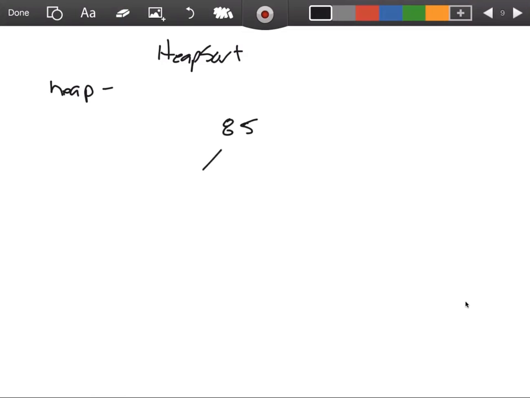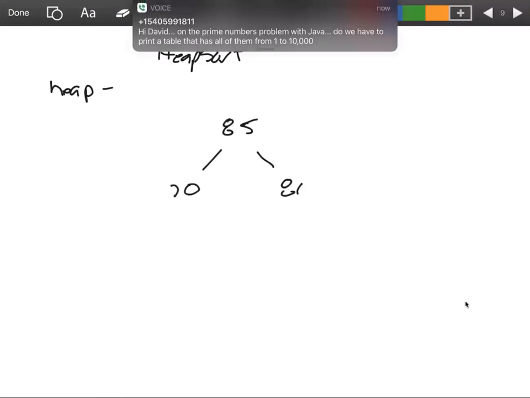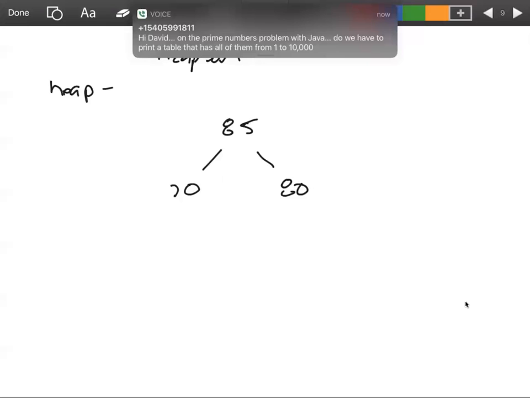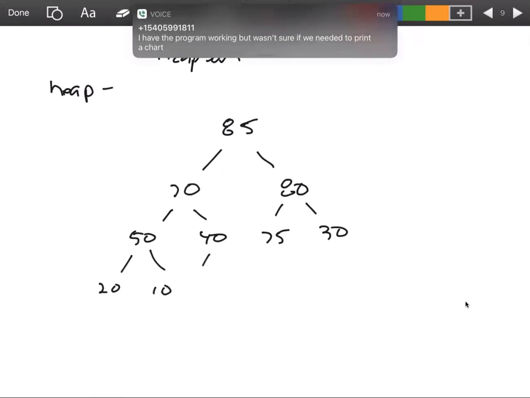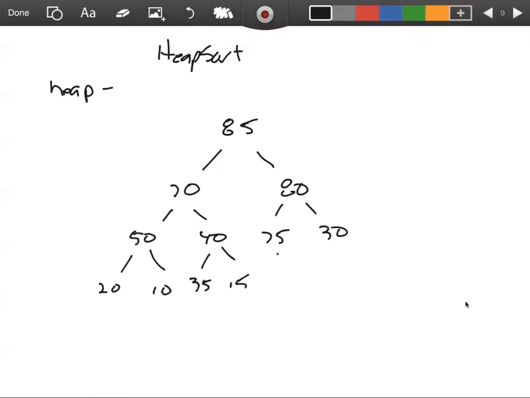Okay, we have 85, which breaks down into a 70 and an 80. Okay, and then we have that break down into a 50 and a 40, 75, a 30, a 20, a 10, a 35, a 15, and a 62, and a 58.